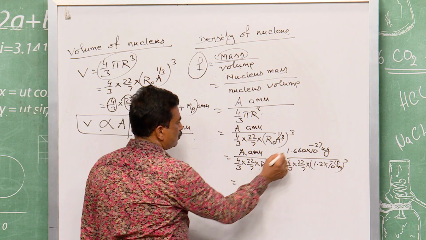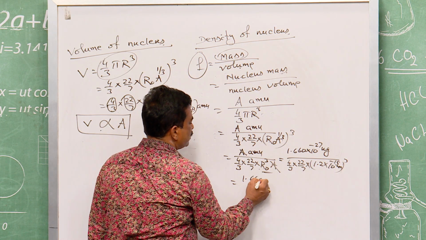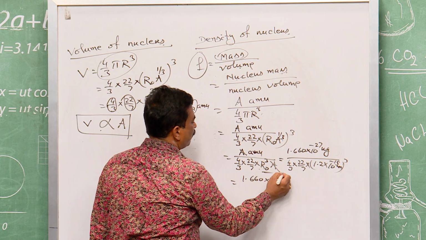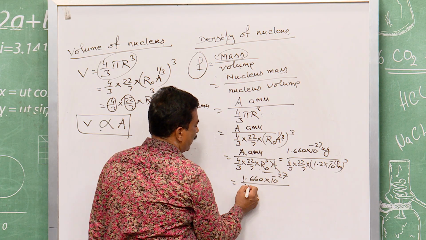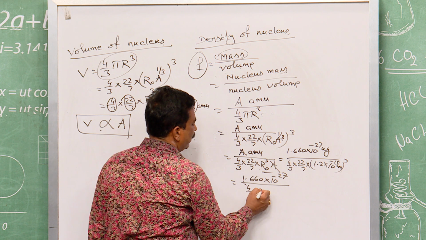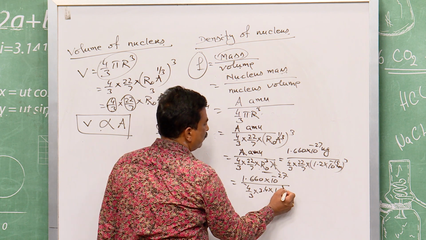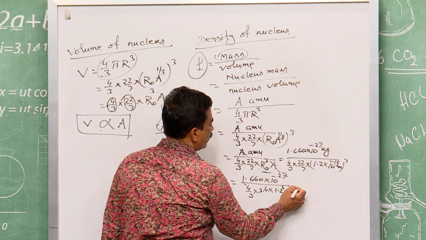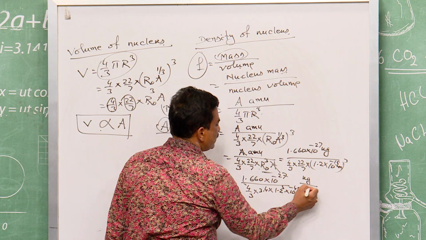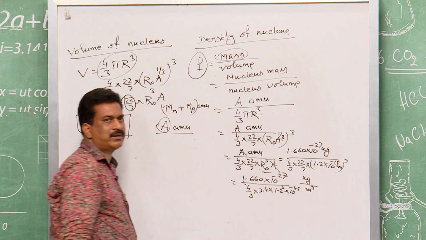So that is equal to 1.660 into 10 to the power of minus 27 by 4 by 3 into 3.14 into 1.2 cube into 10 to the power of minus 45 kg per meter cube.